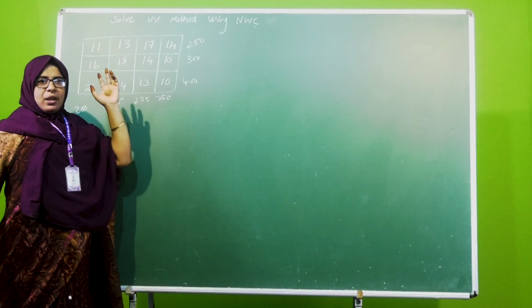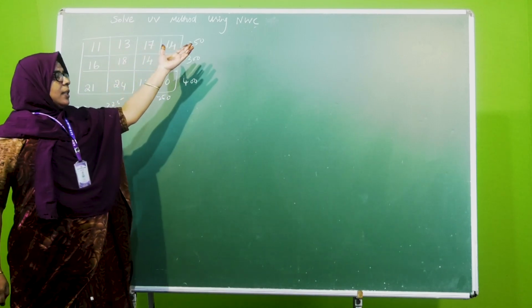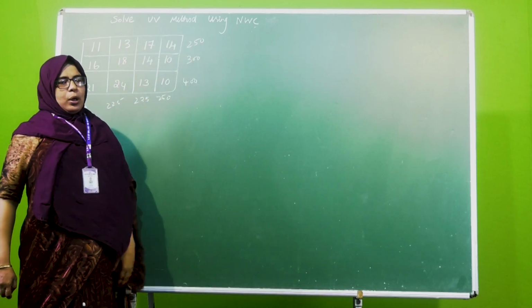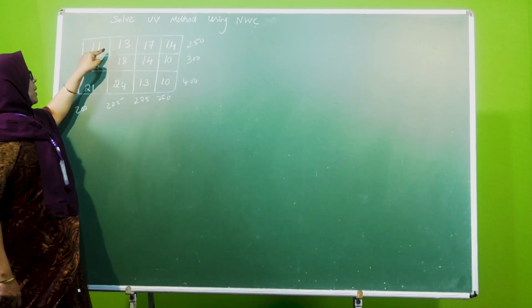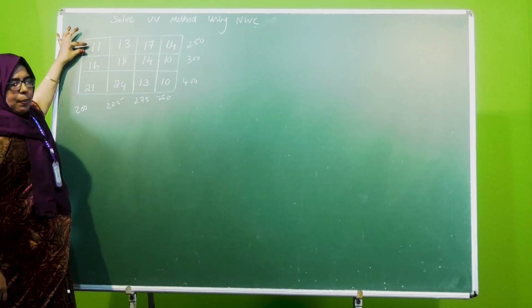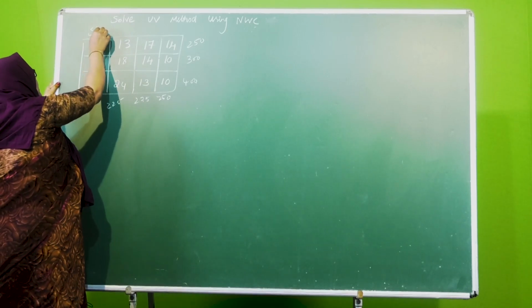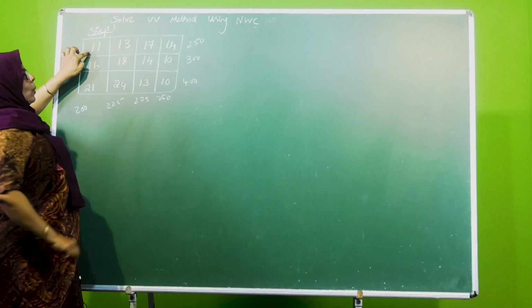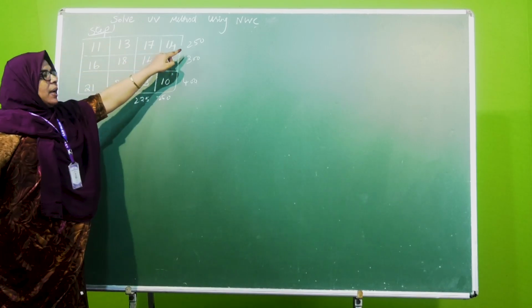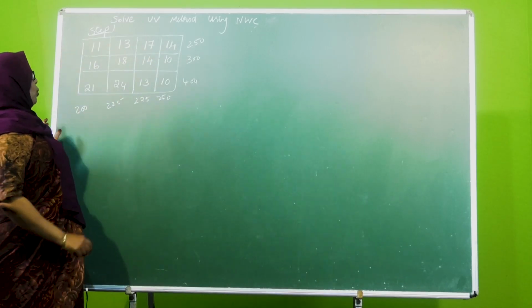We saw in the previous video what methods are used in the Northwest Corner Rule. What is the Northwest element in step 1? 11 is the Northwest element. The row element is 250 and the column element is 200.